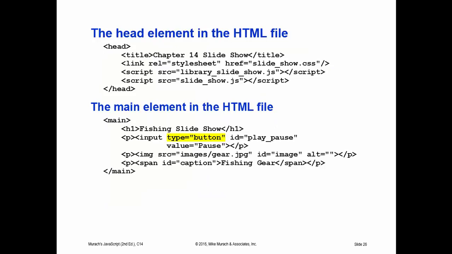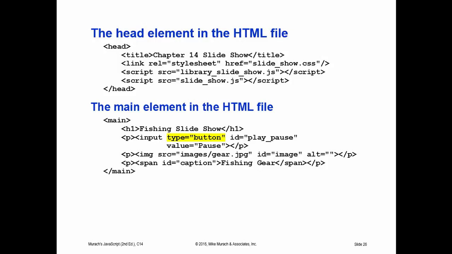If we follow this and we look here, the only difference from the Chapter 13 app is that this HTML uses a tag of type button rather than an A tag. All right, so the slideshow app works the same as it did in the last chapter. It uses a button instead of a link for the pause and resume, which means that you don't need to cancel a default action, as we did back in Chapter 13.